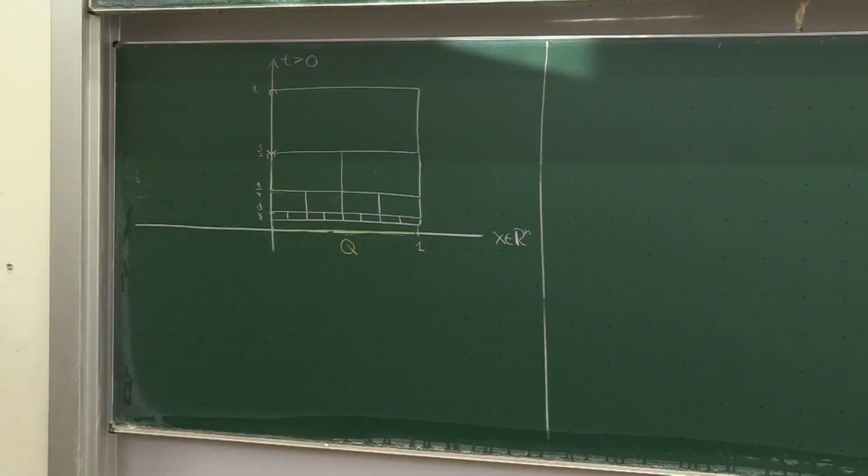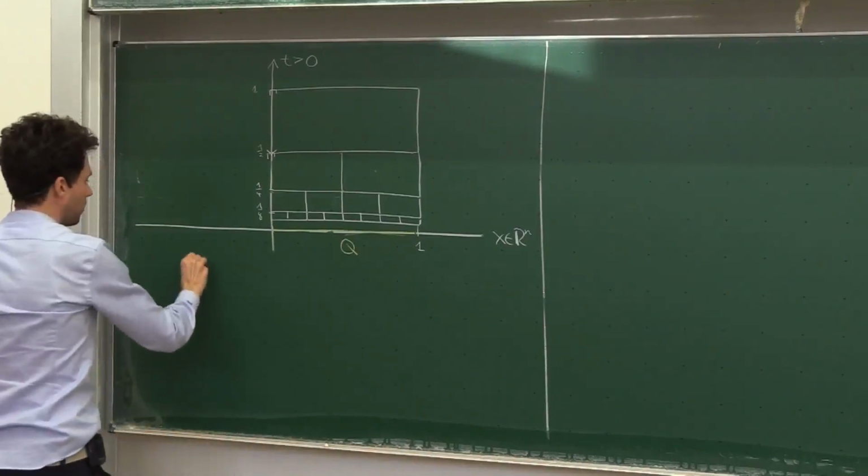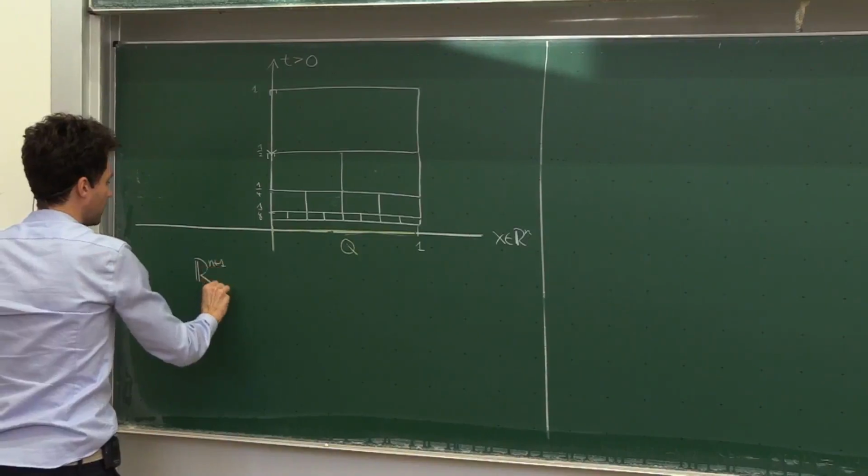Okay, and so these boxes that are sitting here give a partition of R^{n+1}_+.